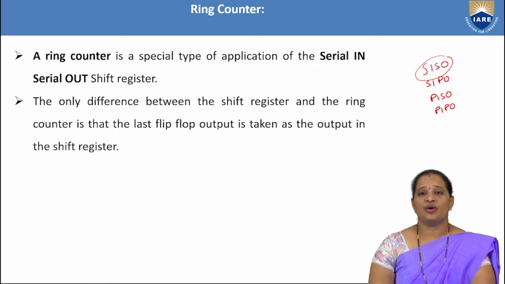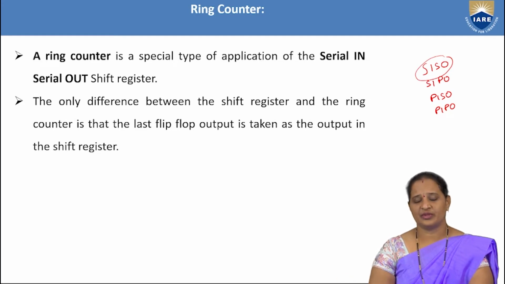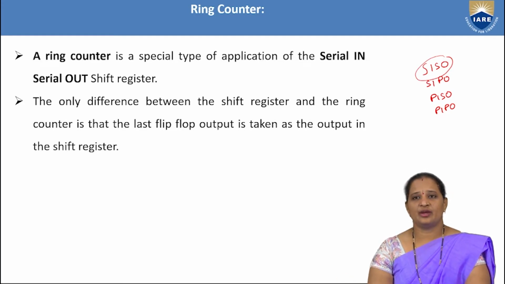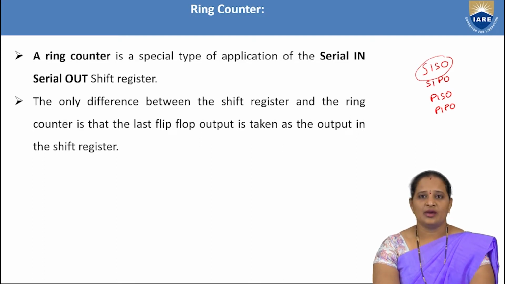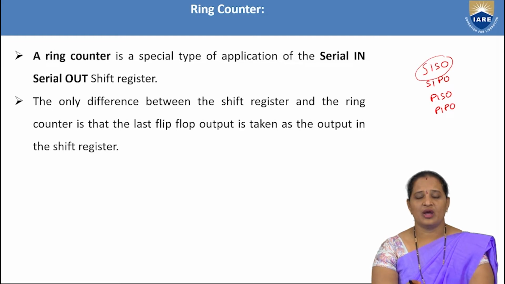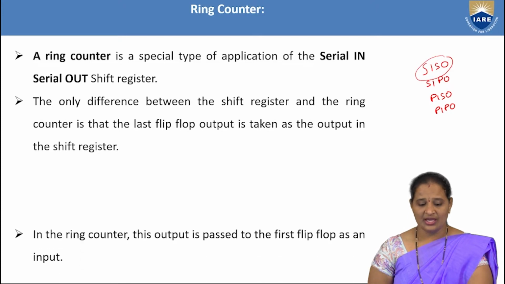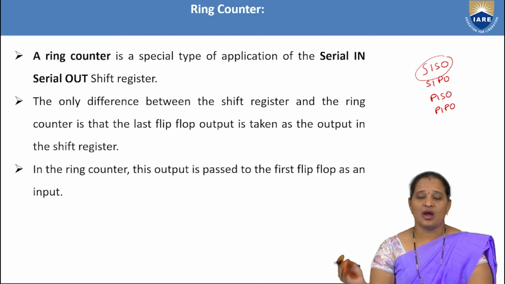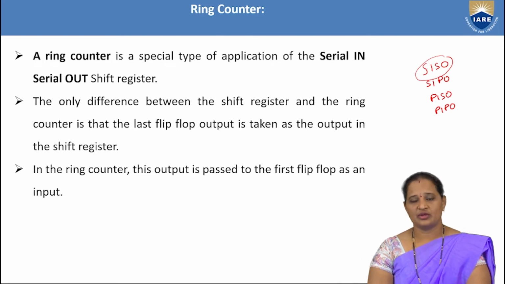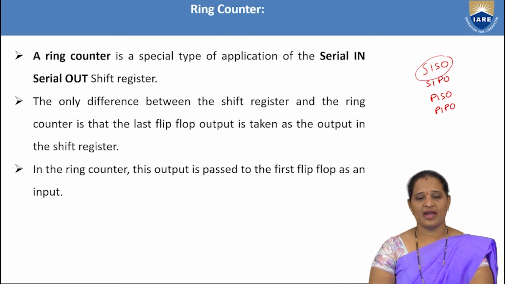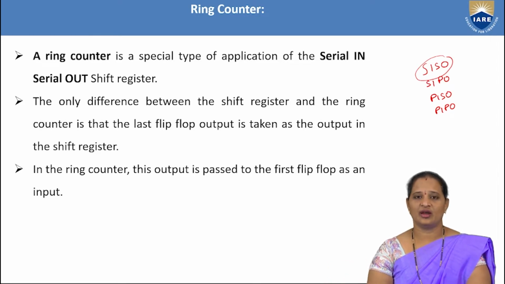So what is the difference between the shift register and the ring counter? In a serial in, serial out shift register, we take the output from the last flip-flop, whereas in a ring counter, the output is again passed as input to the first flip-flop. So we are giving a feedback from the last flip-flop to the first flip-flop in a ring counter.